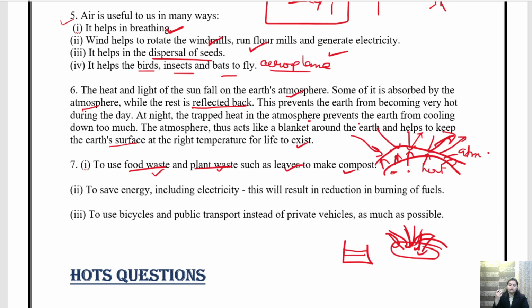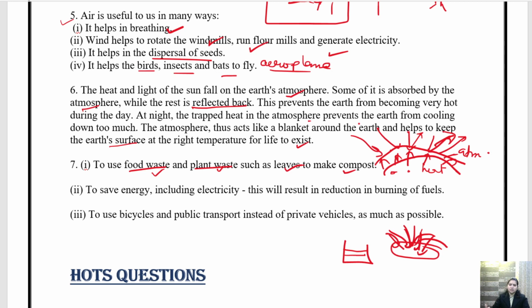Okay, so जितनी कम हम लाइट और इलेक्ट्रिसिटी यूज करेंगे उतनी कम बर्निंग होगी और उतना ही कम पॉल्यूशन रिलीज होगा.